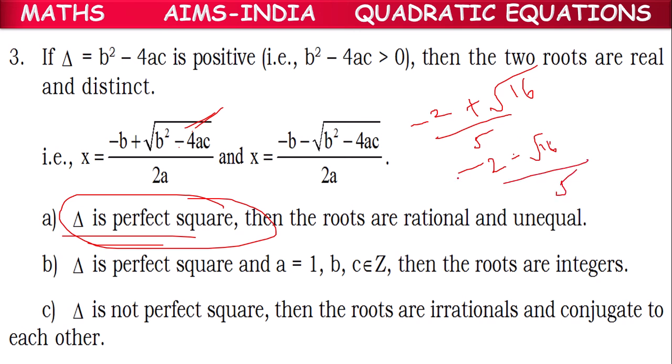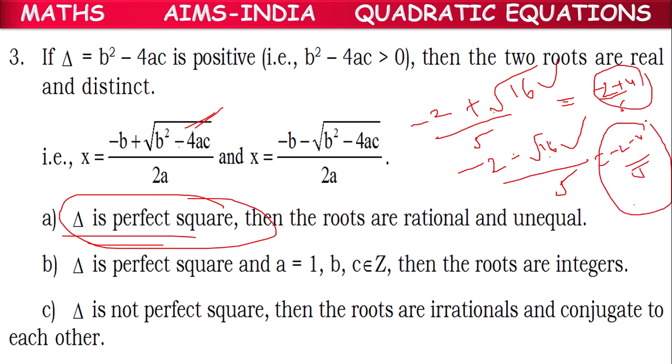Like this we have two roots, where 16 is the discriminant, which is a perfect square, which can be written as 4 square. So what values will we get? Minus 2 plus 4 by 5, minus 2 minus 4 by 5, which are examples of rational numbers, and both of them are unequal, distinct.